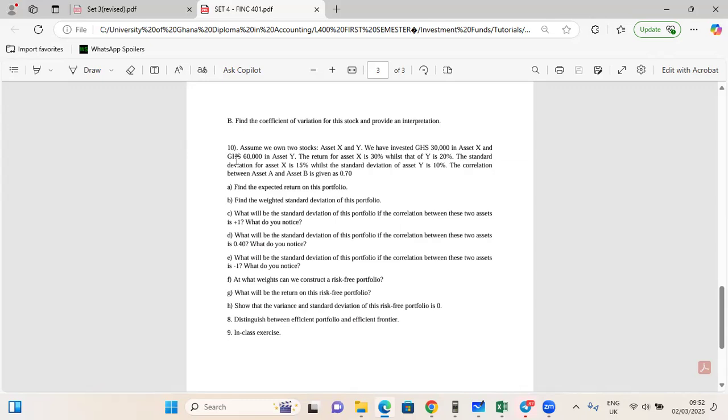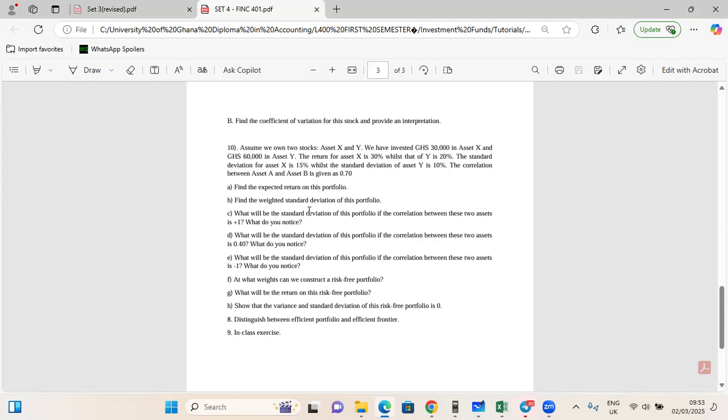The standard deviation, which is the risk, is 15% for X and then 10% for Y. The correlation between the assets is given as 0.7 or 70%. So now they say we should find the expected return of this portfolio. Remember the macro is when we said we will be finding expected return.